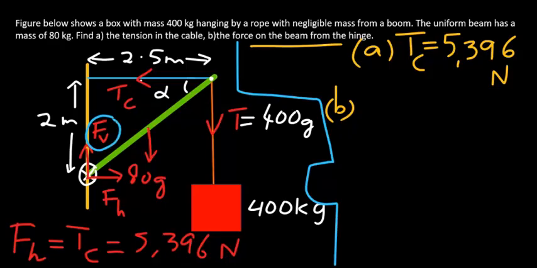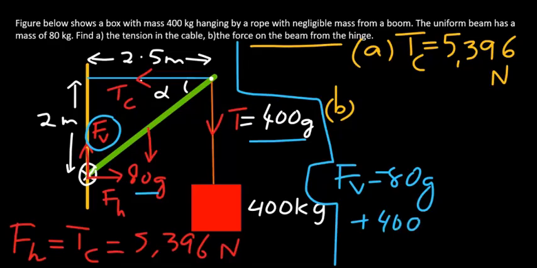Now let's determine the vertical component. Again, according to the first condition for static equilibrium, the sum of all the forces in a vertical direction must be equal to 0. So Fv is going upward, must be balanced by all the downward forces. In this case, you have 80 G and the tension, which is 400 G. So you get 480 G for Fv.